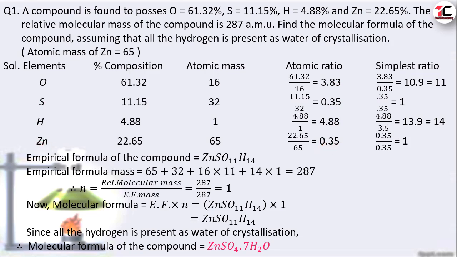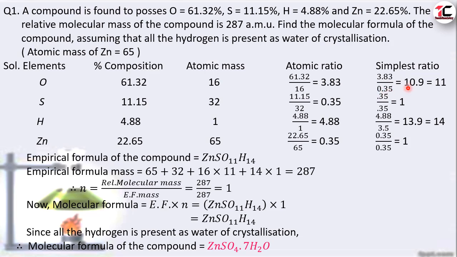Now we have to find the simplest ratio. For simplest ratio, we will find the factor which one is the smallest in the different atomic ratio. Here it is 3.83, 0.35, 4.88 and 0.35. So 0.35 is the smallest. So we will take 0.35 as reference and divide 3.83 by 0.35.